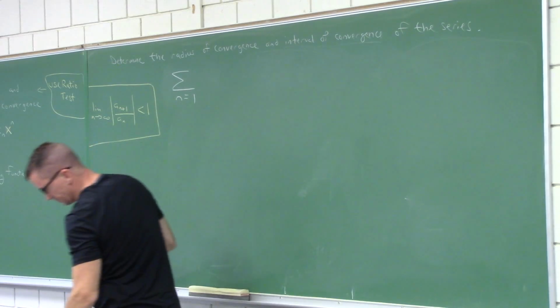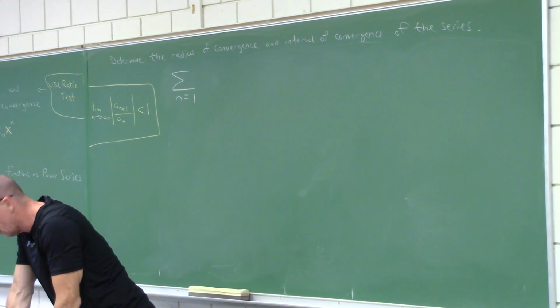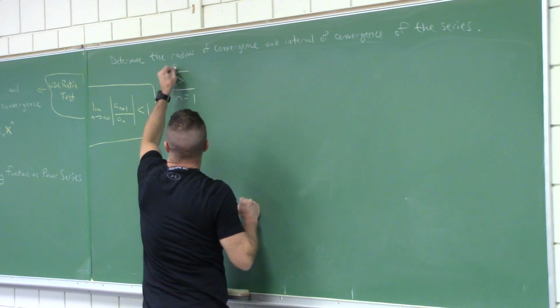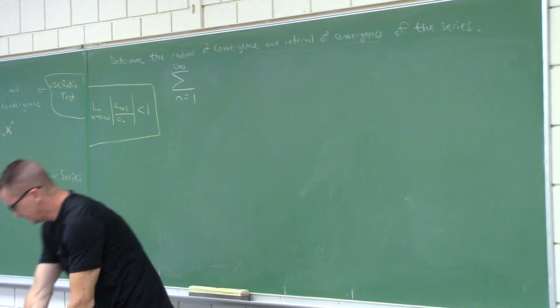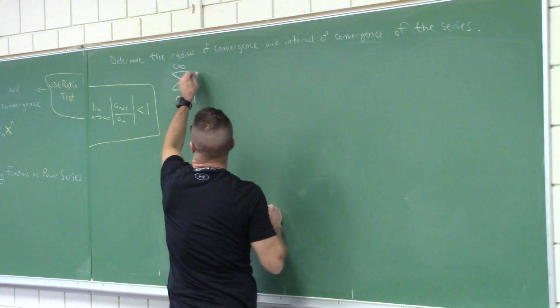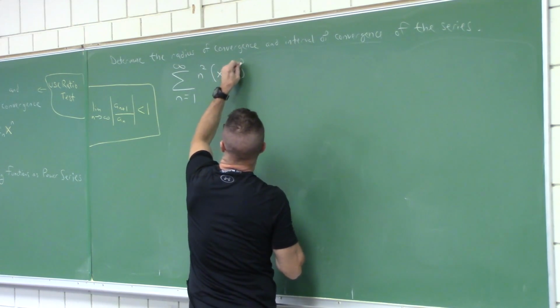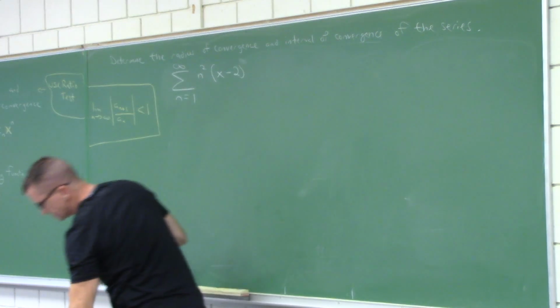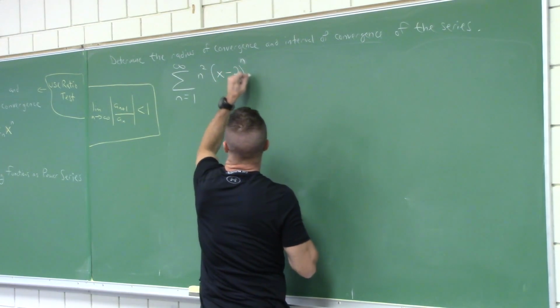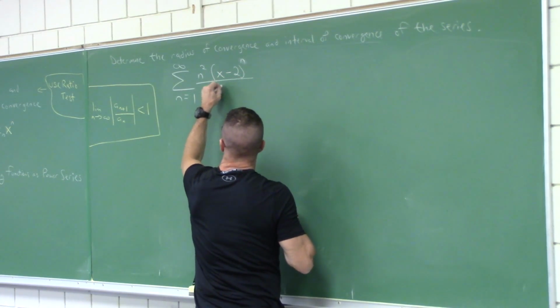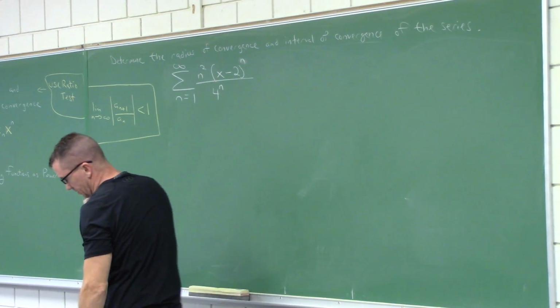Does this start at 1? They either start at 1 or 0, you'll notice. They don't have to, they could even start at a 3 or something. But it's got an n squared. It's got an x minus 2 raised to the n over 4 to the nth power.